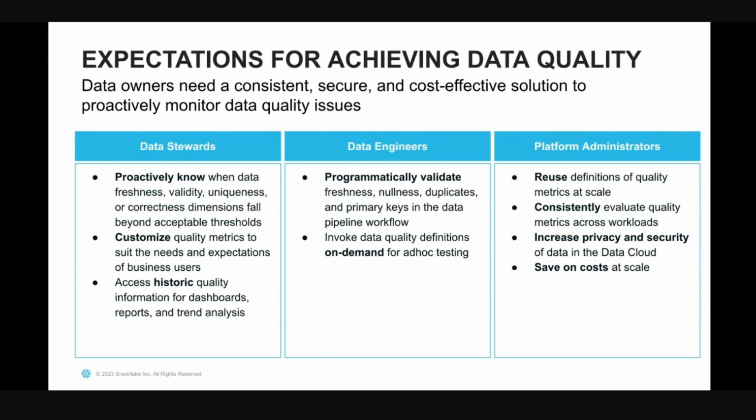We can still go ahead, because such and such reporting is not going to get affected. The other thing that data stewards are interested in is historic quality, because over time you want to capture the results and build some dashboards and show whether quality is improving, or do some trend analysis.